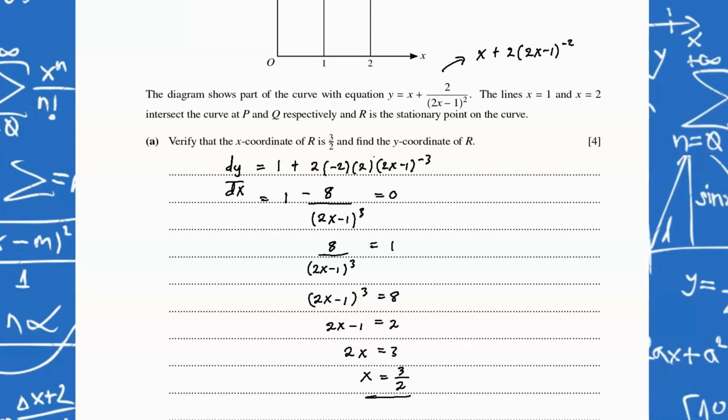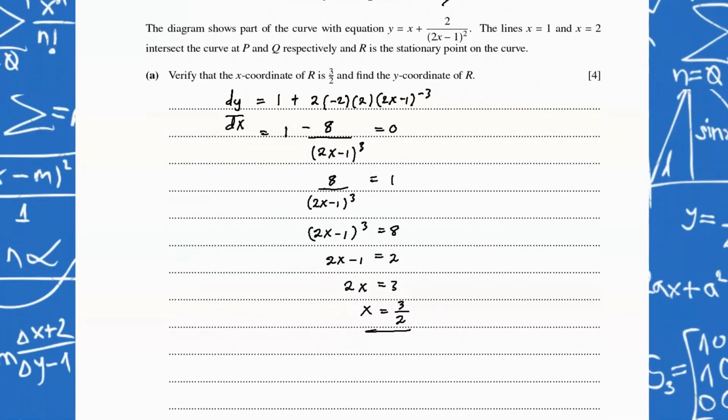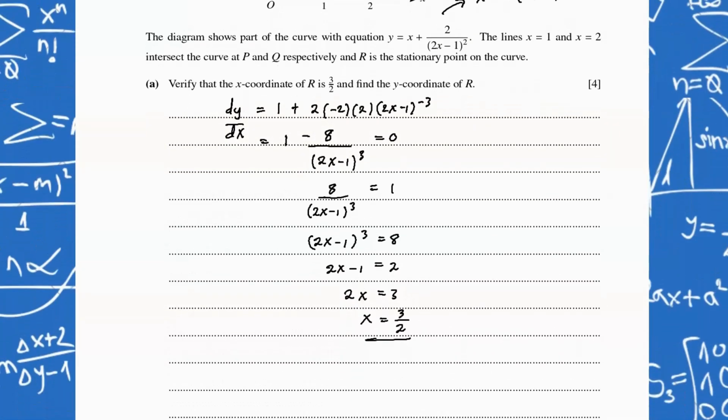But they also say that we should find the y-coordinate of R. All right. So for the y-coordinate of R, when x is equal to 3 over 2, y will be equal to 3 over 2 plus 2 over 2 of (3 over 2 minus 1) all squared.